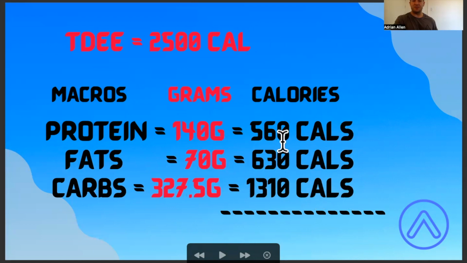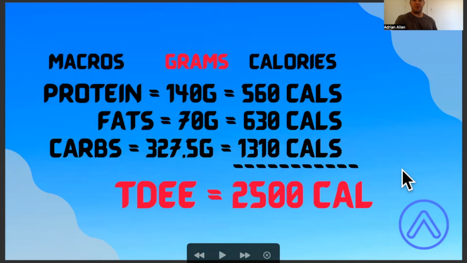So hopefully, 2,500 will be our total calories. You add protein, carbs, and fat calories, and what you get is 2,500 calories. And that is how you work out your calorie intake. That's how the maths is done. So again, digest that, because I'm not finished there.